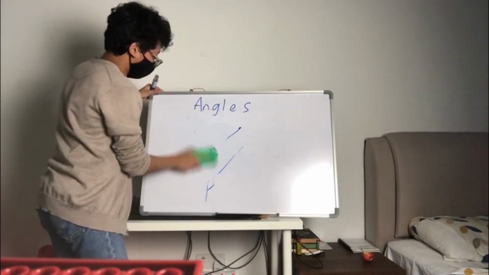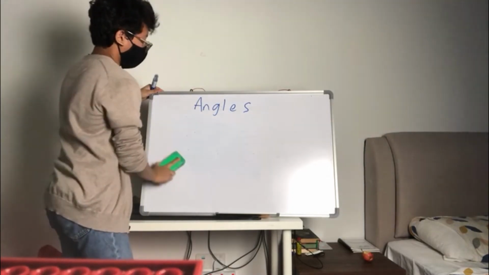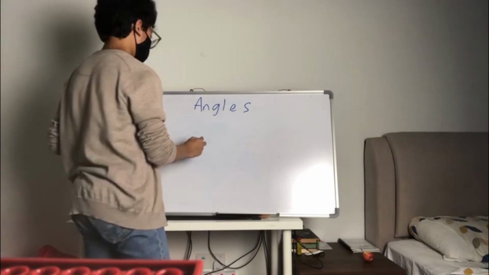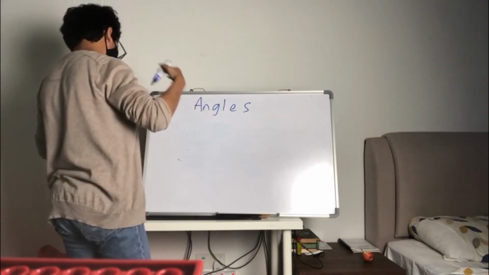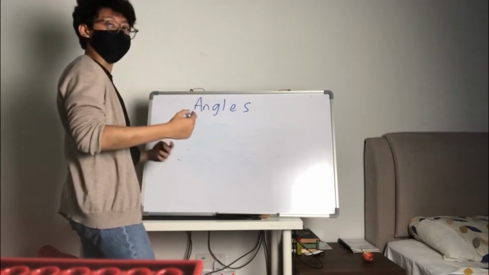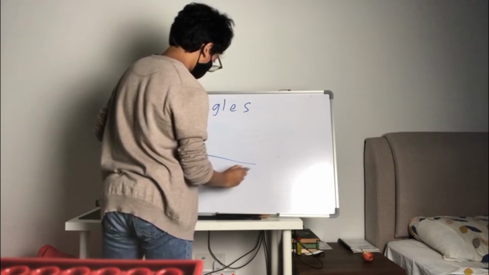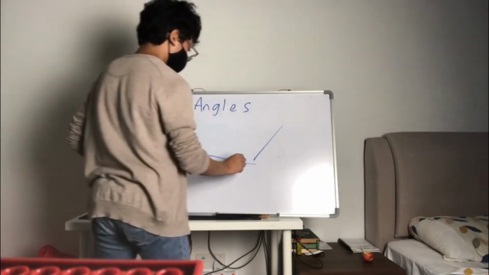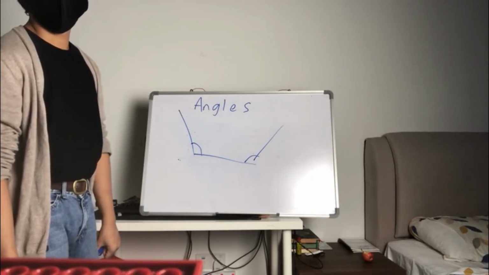Angle number 3. Supplementary angles. Supplementary angles, they are located on a straight line, so therefore they must add up to 180 degrees. For example, this straight line over here is what we call a supplementary angle.